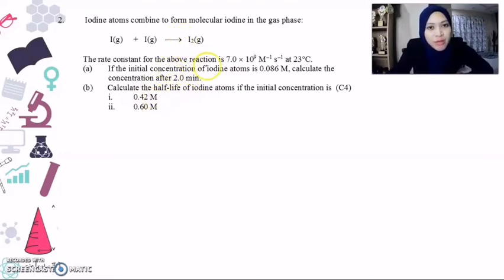Alright. In this question, the information given is the value of k. From this value of k, we can determine the order of reaction based on the unit of k here, which refers to second order.